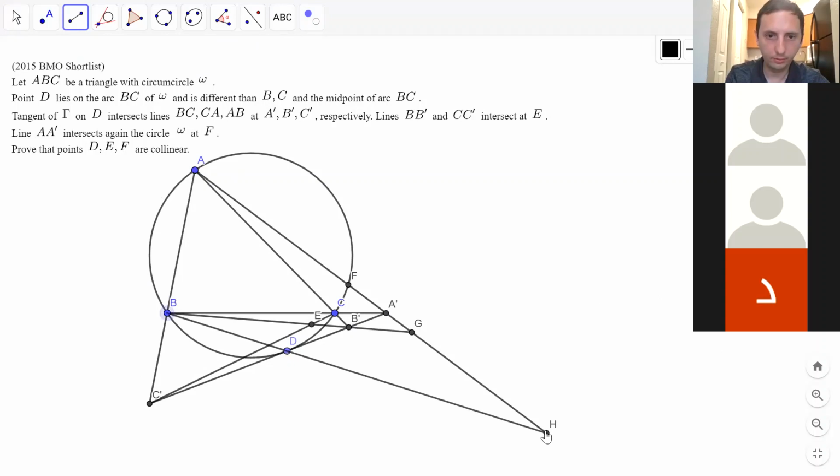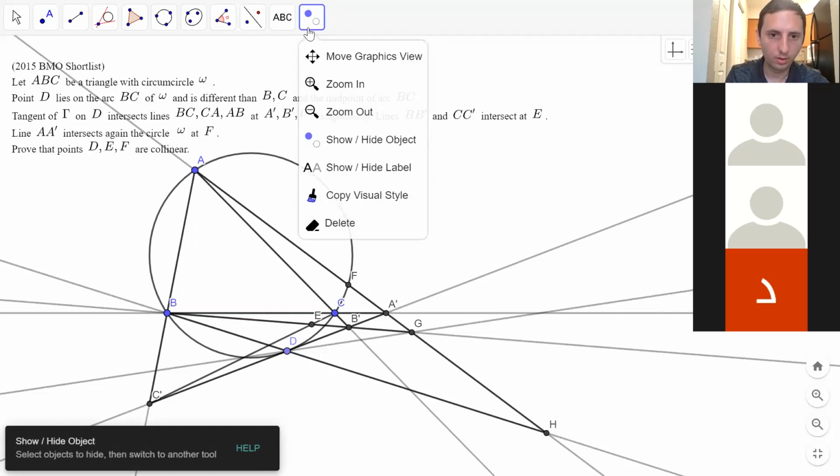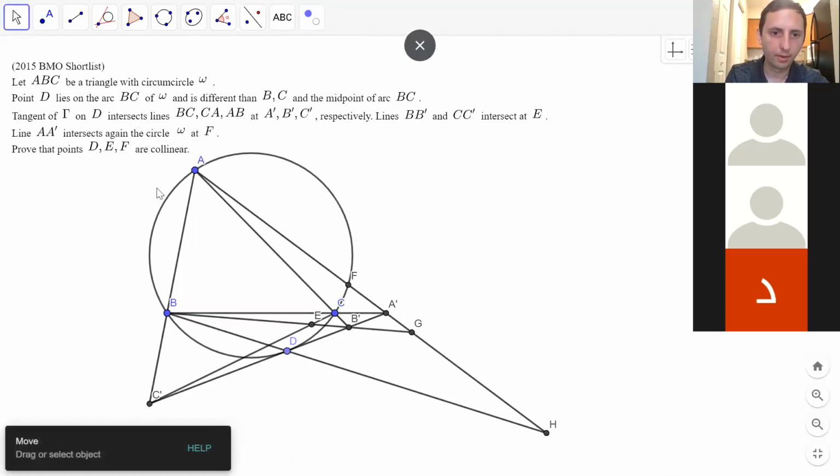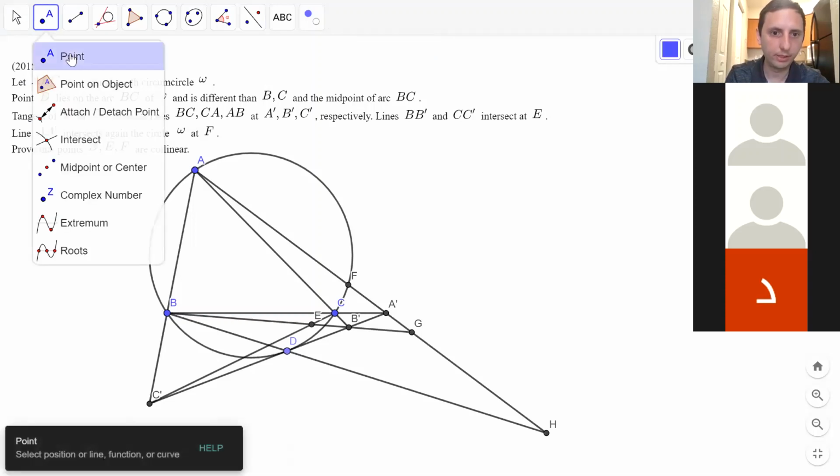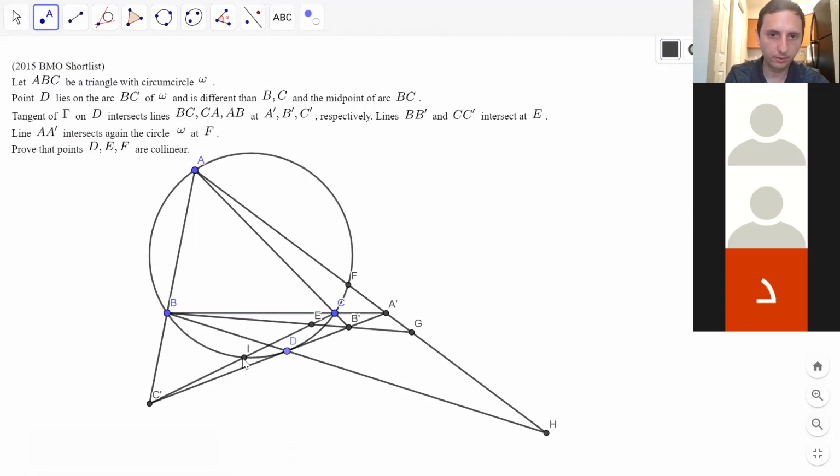Was it D, D, and H? Yeah, I think that's everything. Oh, basically I want to show that DG passes through this point.